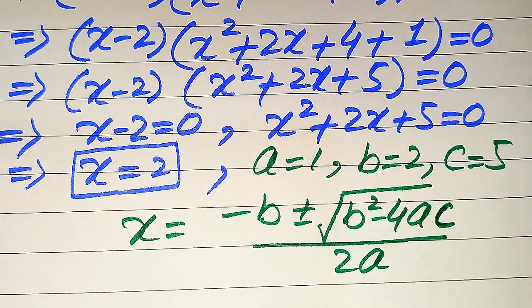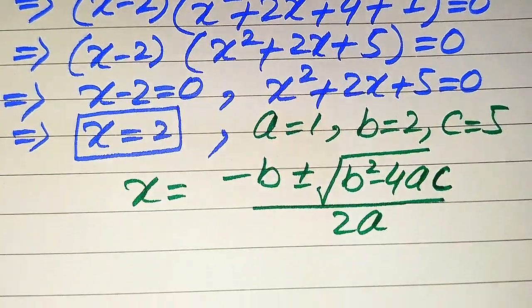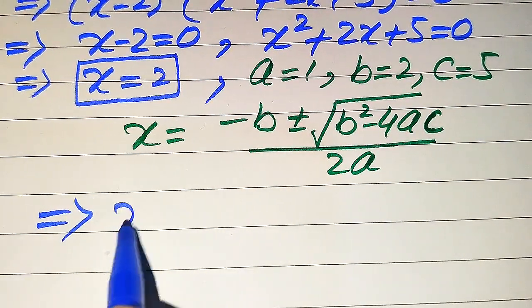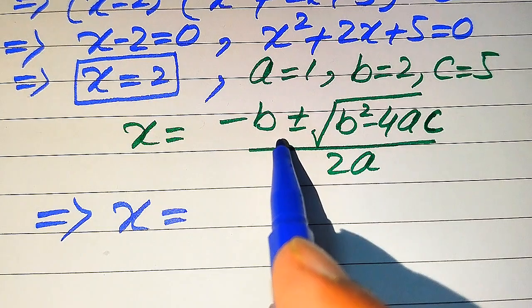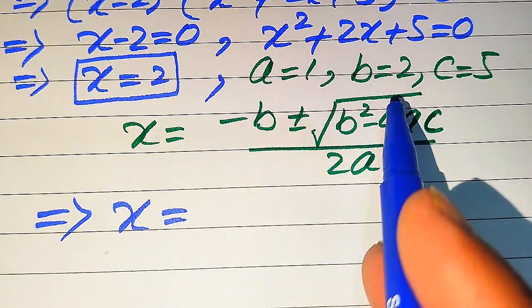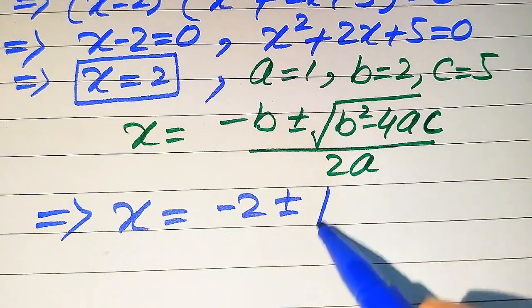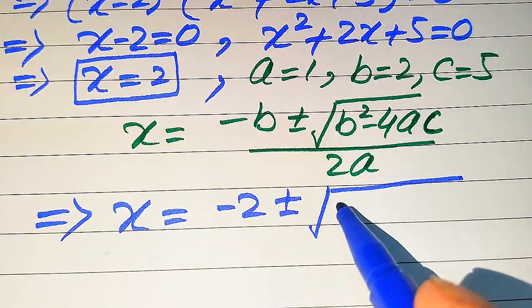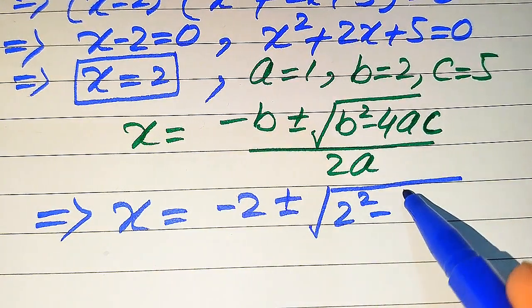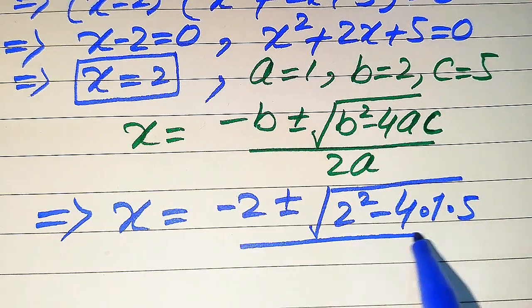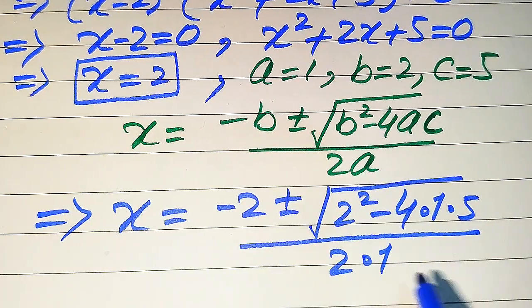So this is our quadratic formula, and now further in the next step we need to substitute the values of a, b and c here, and it becomes x is equal to minus b, the value of b is 2, so it becomes minus 2 plus minus square root of b square, so b is 2 square, minus 4 times a is 1 and c is 5, divided by 2 times a.